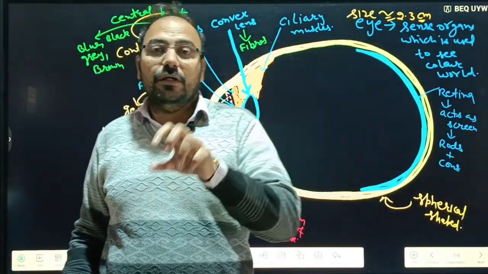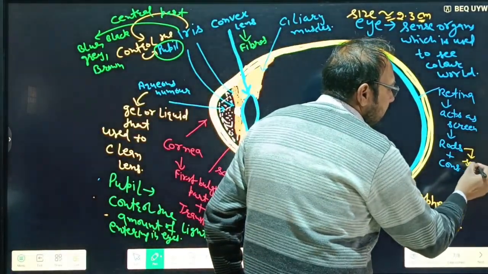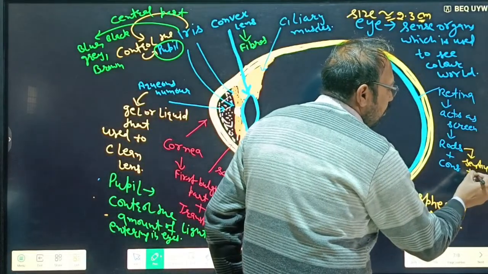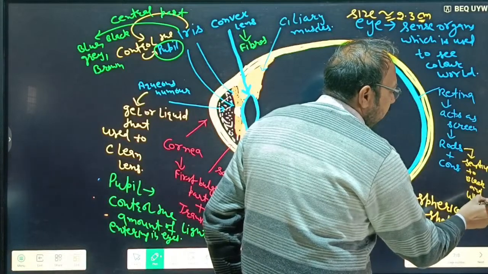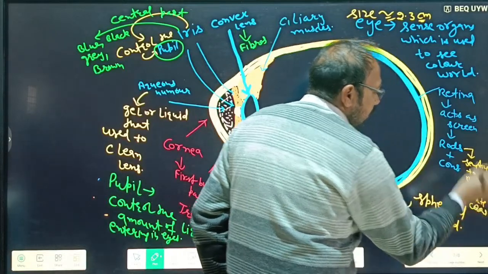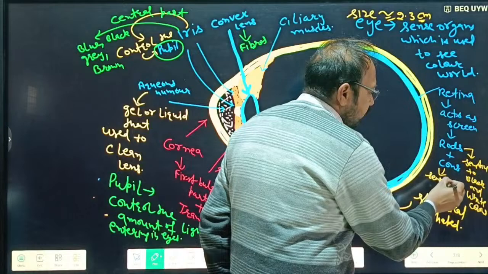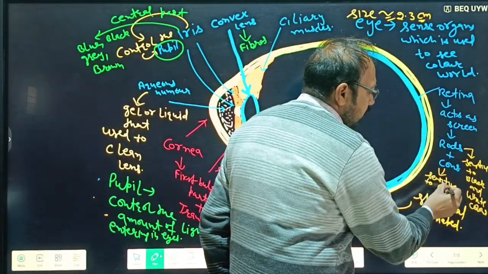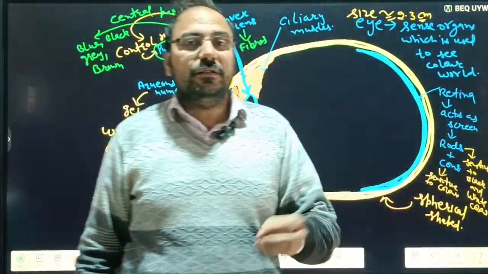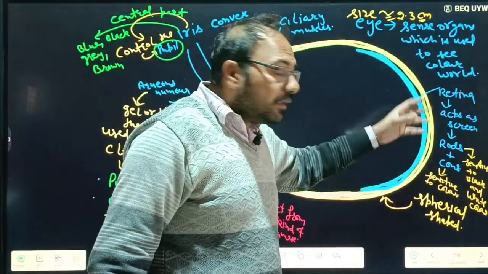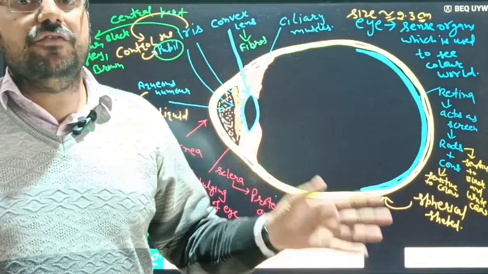Rods are sensitive to black and white color, and cones are sensitive to color. So with the help of that, the image forms on the screen, and this retina is connected with an optical nerve or a nerve ending that transmits signals to the brain.